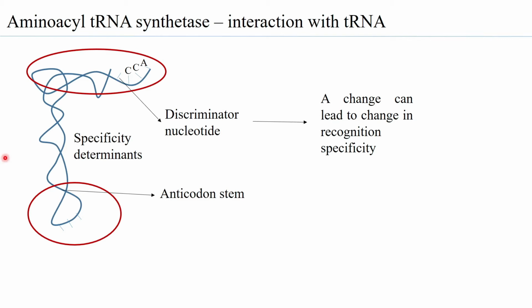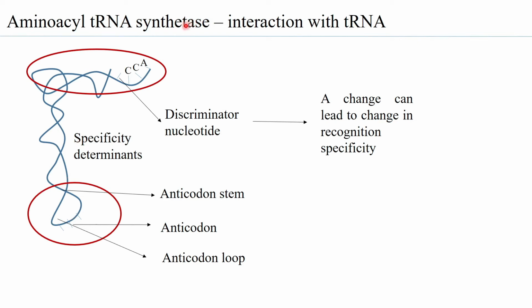Then within the anticodon region is present the anticodon stem. Of course, it also recognizes the anticodon itself, that is the 3 nucleotides that can hybridize with the codon on the mRNA. That definitely is one recognition point. Plus, you have the anticodon loop also with which the enzyme is able to interact.